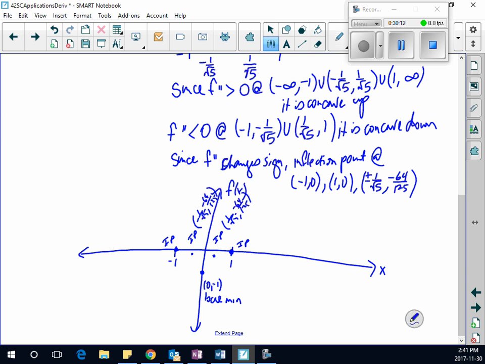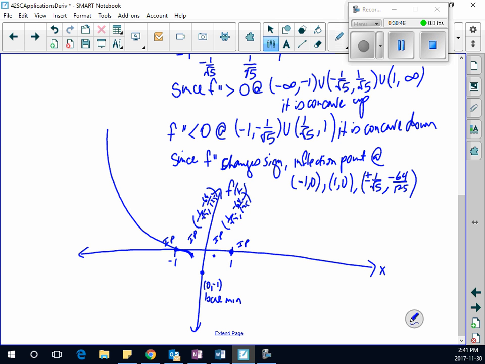It is concave up, so it's going like that. Even though it's still decreasing, you have to forcibly change the concavity. You have to kind of go like that to make it concave down. You have to change the concavity. Do you see what I'm saying? Concave down there, right?